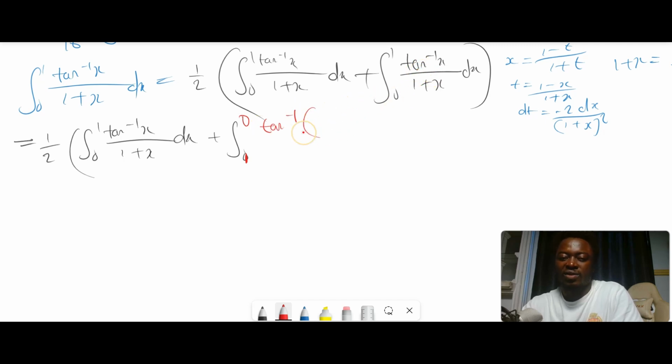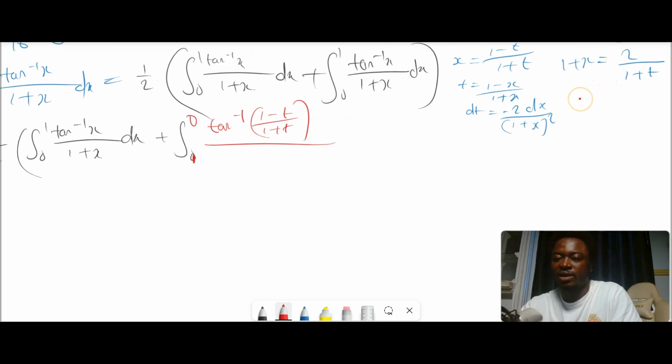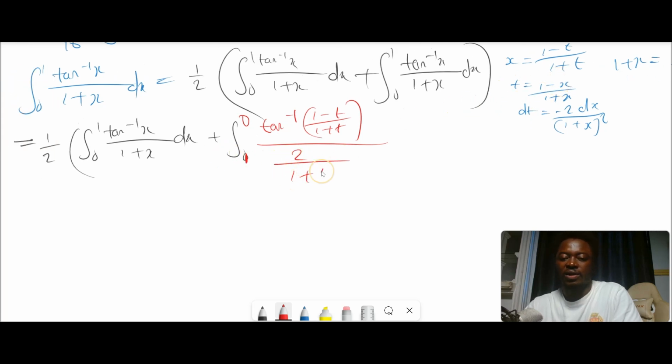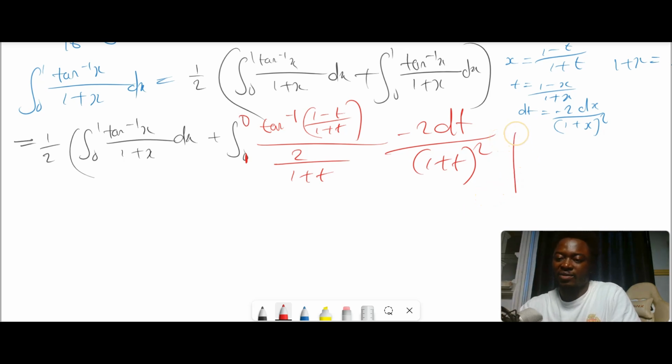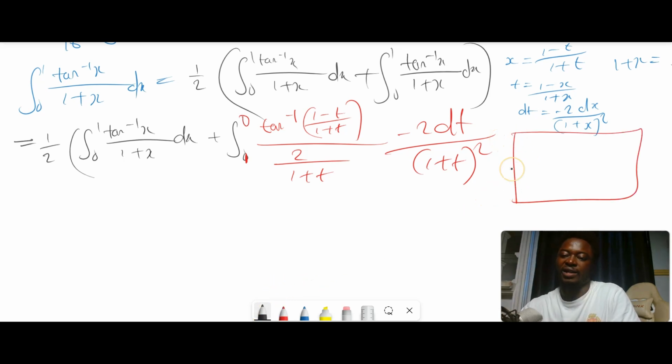Tan inverse of 1 minus t over 1 plus t, all divided by, now the bottom part, we already concluded that 1 plus x is 2 over 1 plus t, so you have negative 2 dt over 1 plus t all squared. Also don't forget that we're going to borrow a simple fact that tan inverse of 1 minus t all divided by 1 plus t is going to be pi over 4 minus tan inverse of t, which is why we did this substitution.